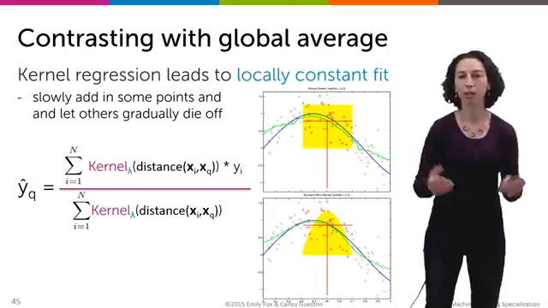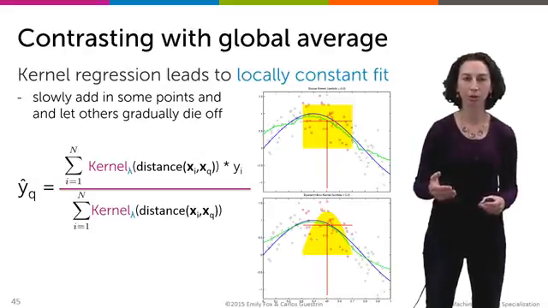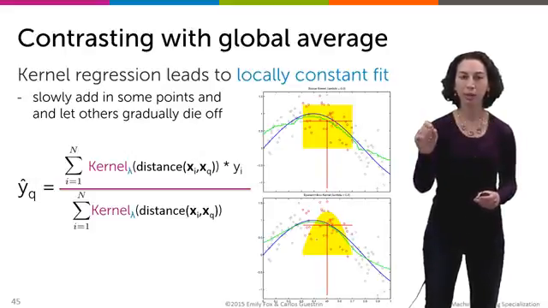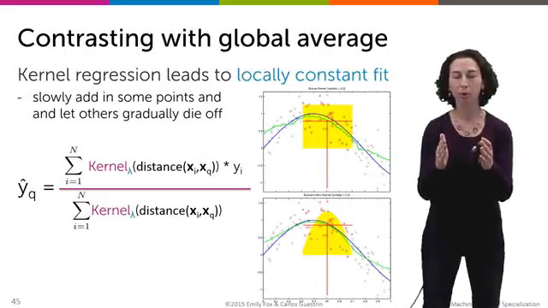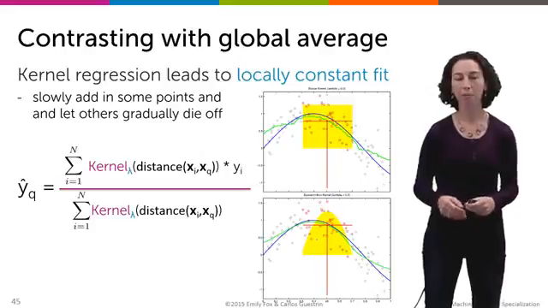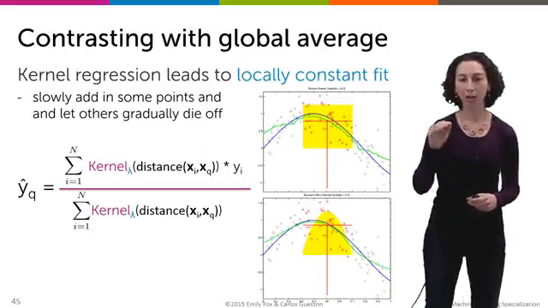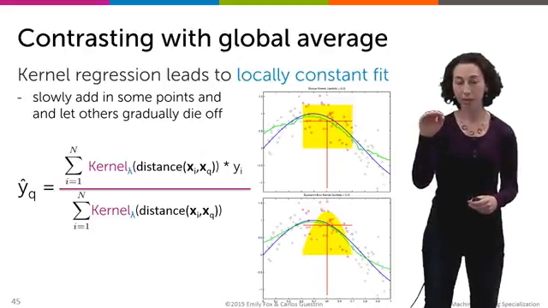The simplest case we can talk about is this boxcar kernel that puts equal weights over all observations, but just local to our target point x0. And so we're going to get a constant fit, but just at that one target point.